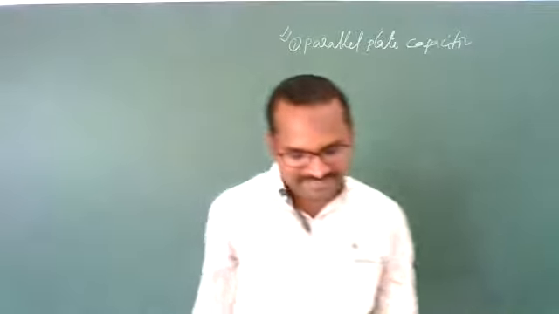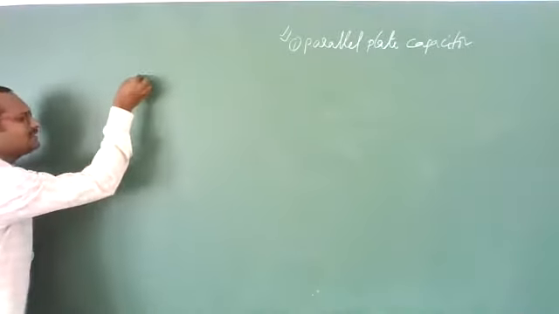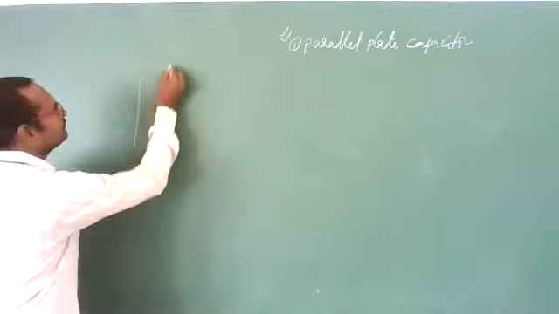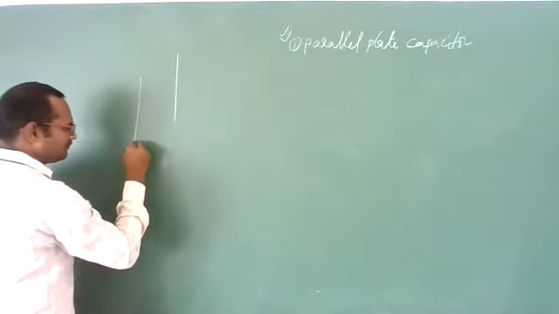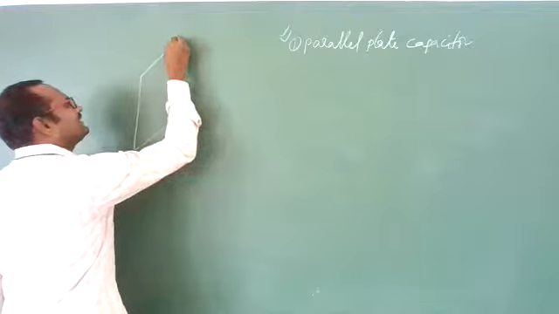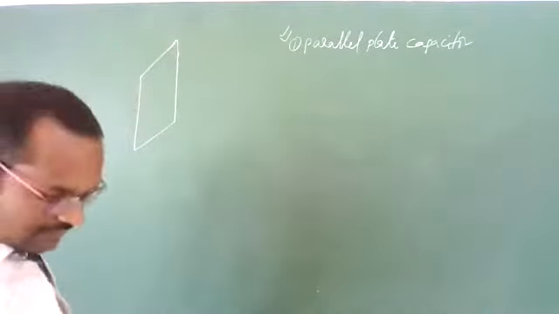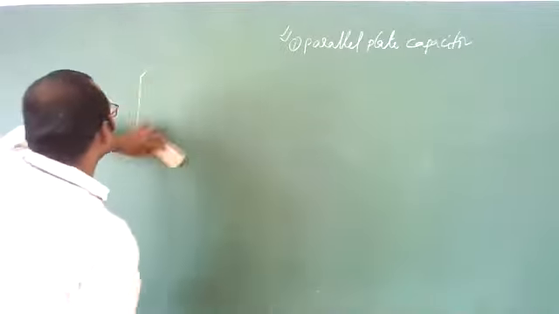What is parallel plate capacitor? Simply, it is nothing but two parallel plates. Imagine this is one plate. Why am I drawing this like this? So that you can imagine that this is perpendicular to the board. Clear?